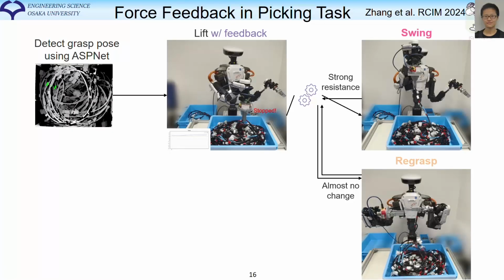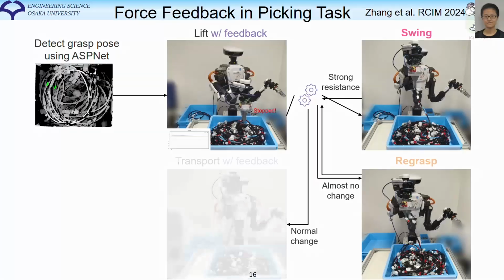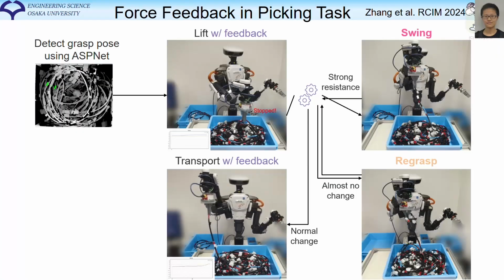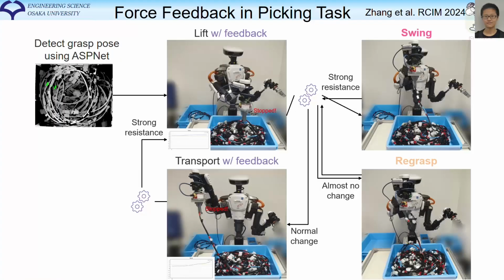And if there is almost no change, the robot used dual arm to pull up the object. And then the robot tried to move the object to the goal pin by monitoring the force sensor information. And we iterated this step until the robot successfully carried the wire harness to the goal pin.